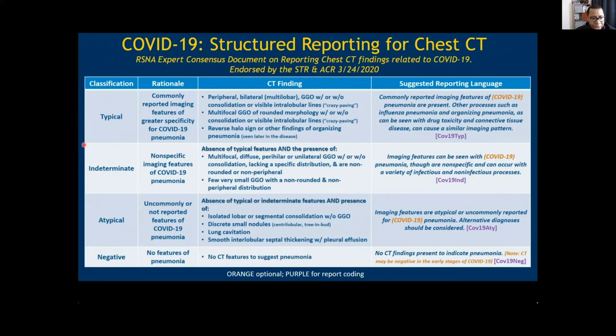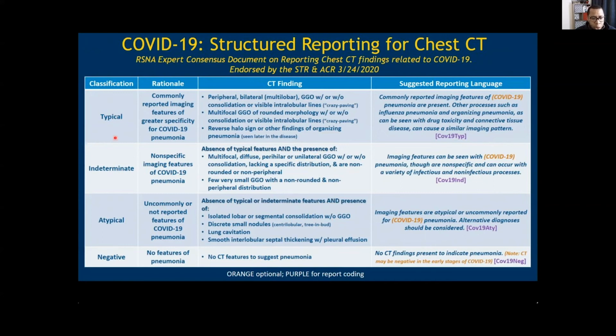So a way to approach reporting out COVID-19, which a few institutions have definitely adopted. This is not the only one out there. I know there was one from Europe called CO-RADS, which is another way to be able to structure your reports, which helps with data mining, right? If you want to be able to pull up the cases through a search engine.